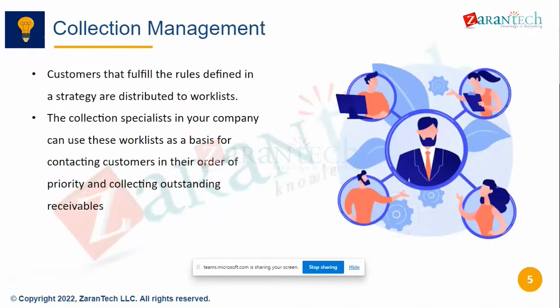So certain customers you might be willing to allocate to this particular collection agency, and certain ones to some in-house collection agency, for which the risk is much lower. So based on the strategy that you have, you can prepare the work lists.